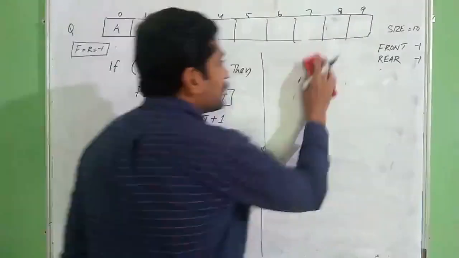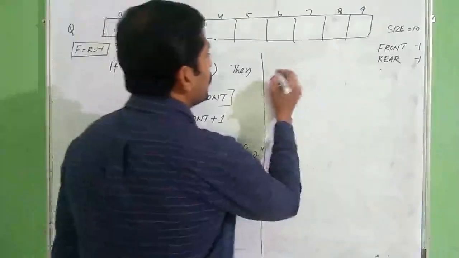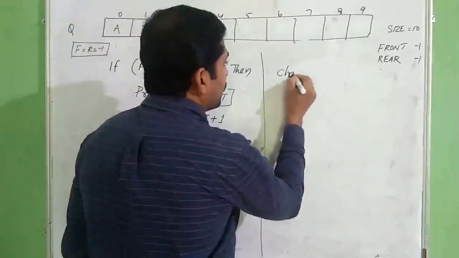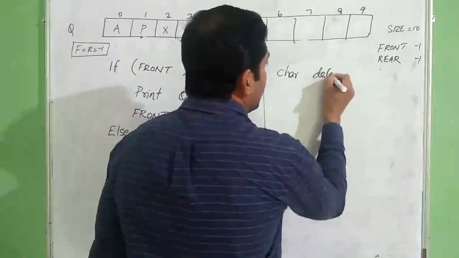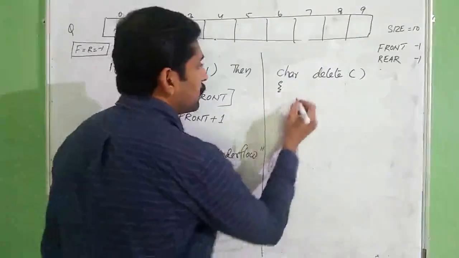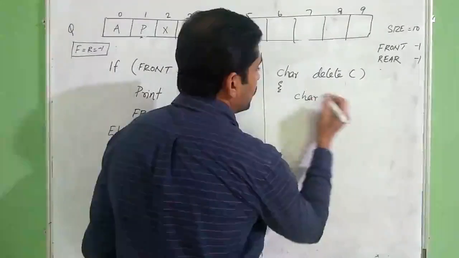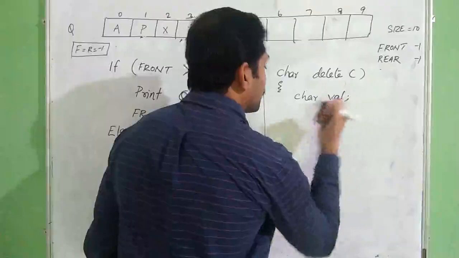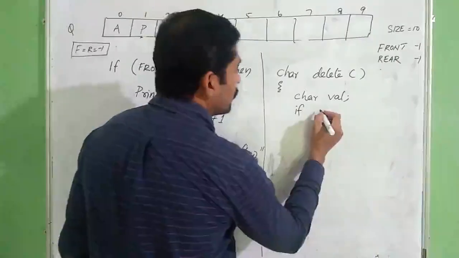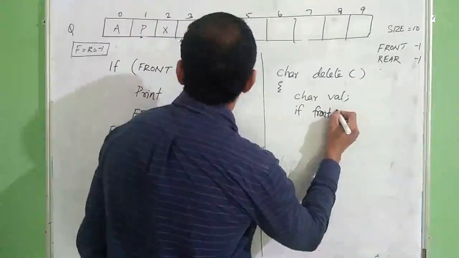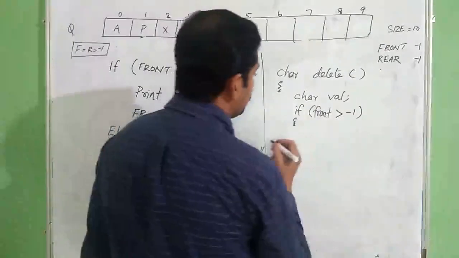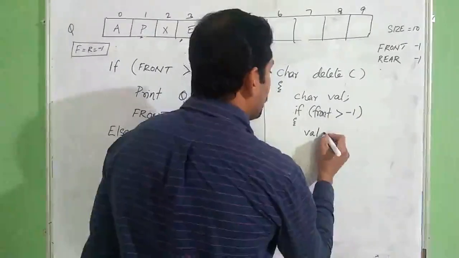Now we will try to write the C++ code for this. This is a character array, so we are returning a character value, char delete. Now say we are deleting that value, let value be the value to be returned, and if front is greater than -1, value equal to q of front plus plus.